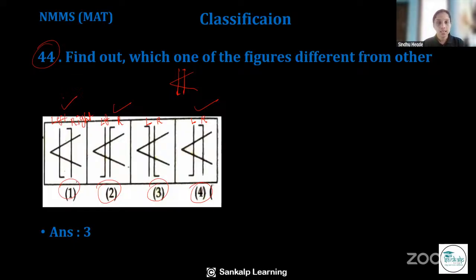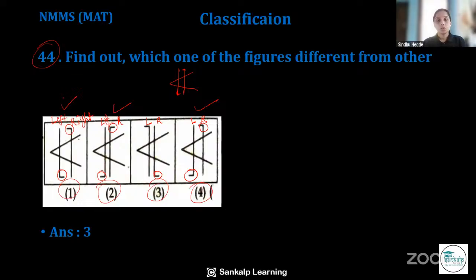Here on the left side, the hook is on the left side. On the right side it is plain, then it faces downward. In the right side, all these images 1, 2 and 4 face upside. See here, that hook is upside.